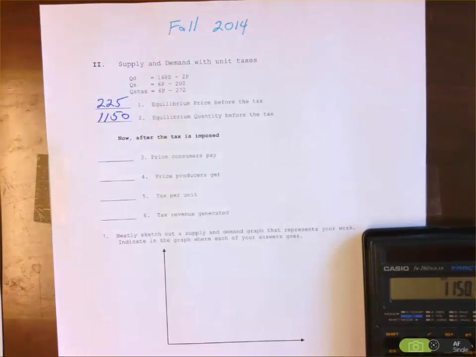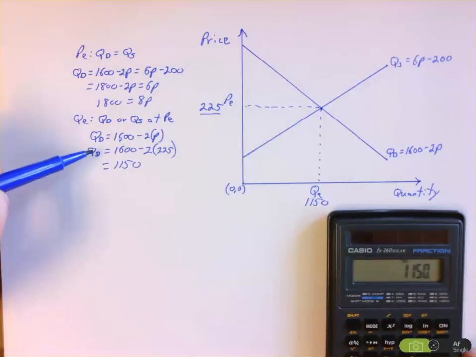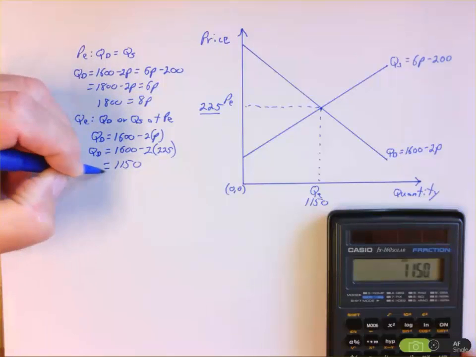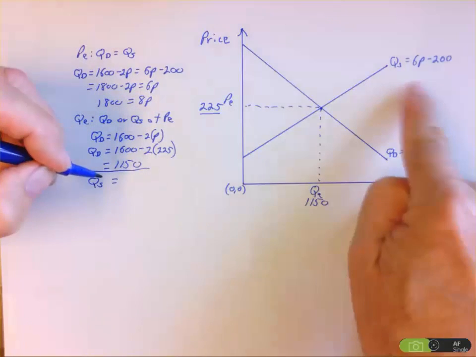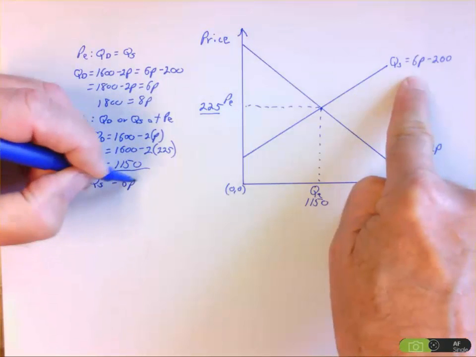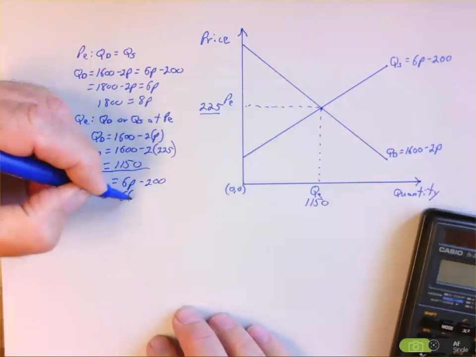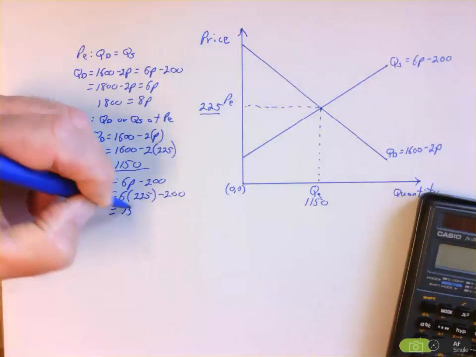For those of you who are nervous and think you might be messing up, you could have done this also by applying it to the supply equation. Quantity supplied is equal to 6p minus 200, and again applying the value of p, I get again 1150, so that must be right.